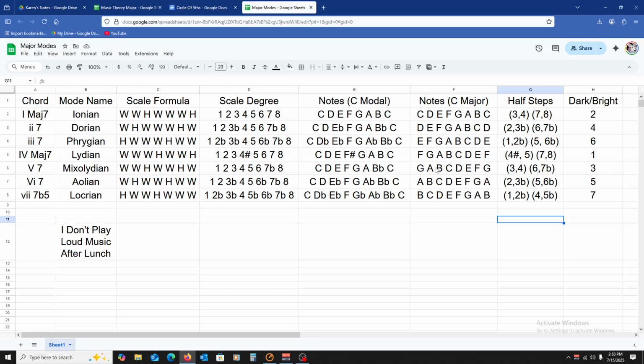Like I said, you don't actually have to know any of this at all. As a matter of fact, I still don't fully understand it myself, and hopefully I'm doing an okay job explaining the concepts here. But if you don't know these concepts, that's not going to stop you from writing amazing music, right?